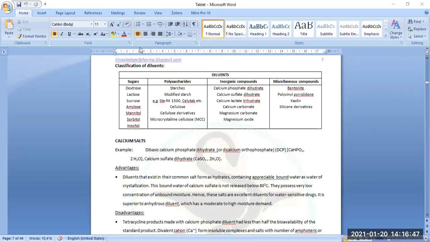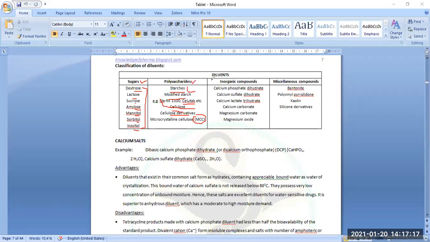Now, these are some classifications of diluent which are used. Generally, sugar diluents are mostly used: lactose, sucrose, dextrose, amylose, mannitol, sorbitol. They also improve the taste of the formulation. ये taste भी improve करते हैं. There are also some polysaccharides like starch, modified starch, cellulose, cellulose derivatives like MCC, microcrystalline cellulose.